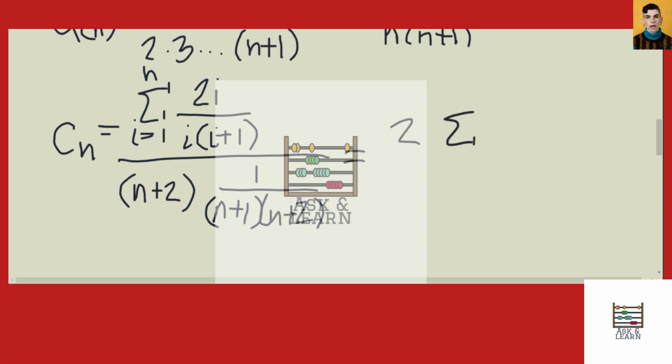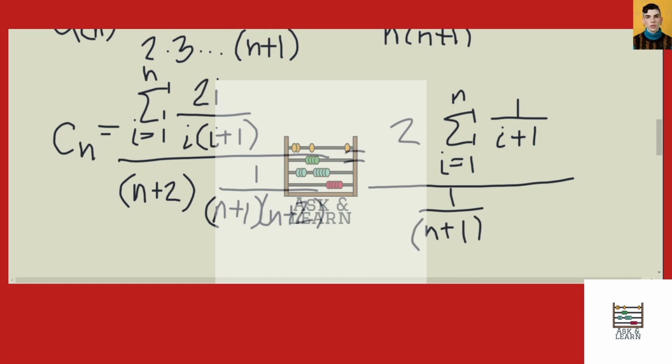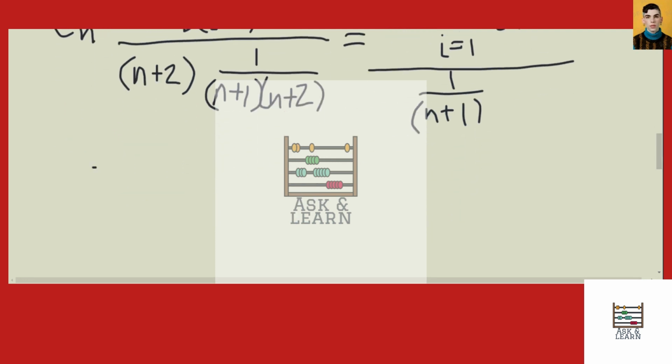This reduces to 2 times the sum from i equals 1 to n of 1 over i plus 1, all over 1 over n plus 1, which can be rewritten as 2 times n plus 1 times the sum from i equals 1 to n of 1 over i plus 1. And this is our answer.